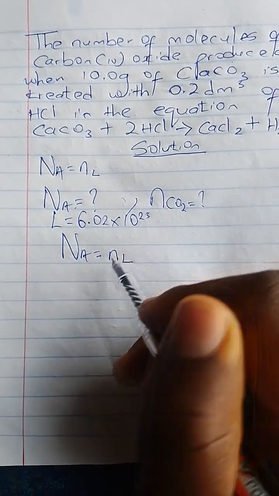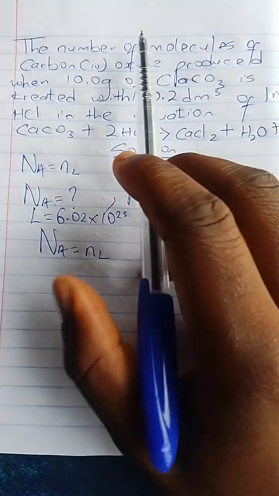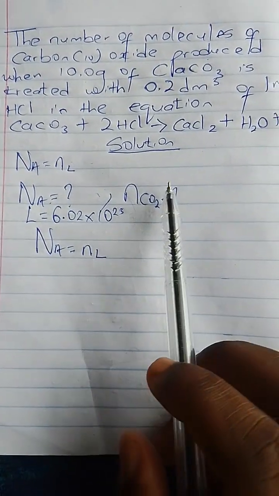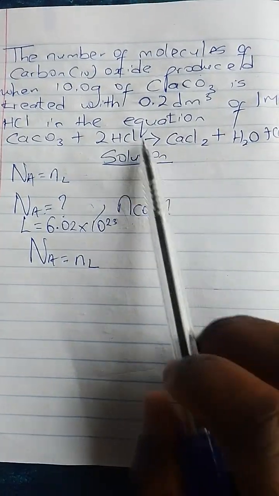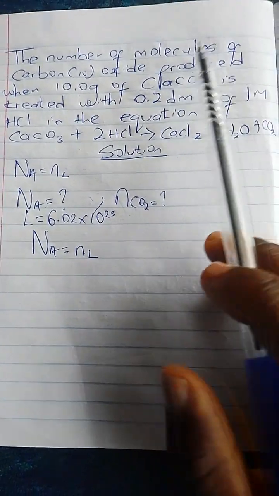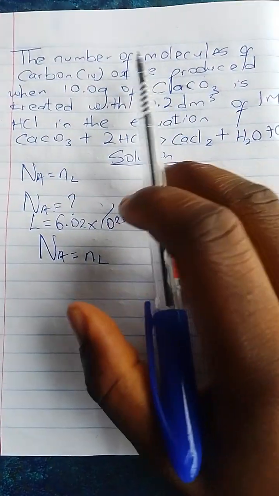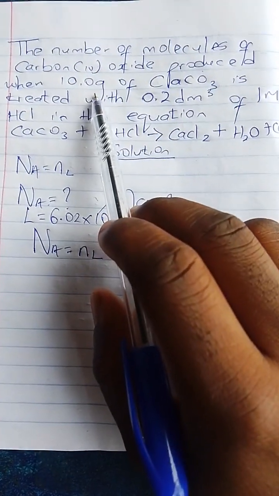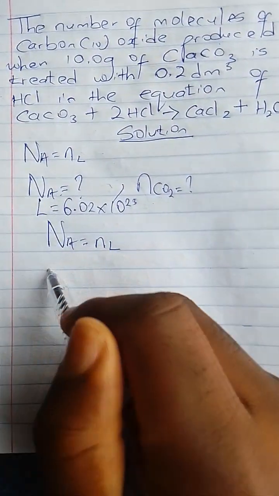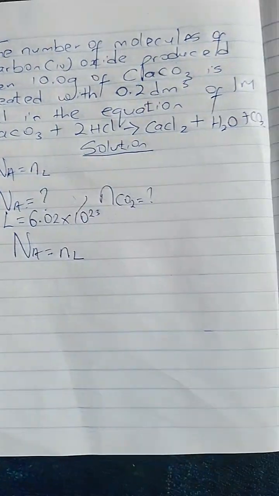Okay, now in order to find the number of moles of carbon(IV) oxide, we have to get back to the parameters in the question. Now what did they say? It says the number of molecules of carbon(IV) oxide produced when 10 grams of limestone. Okay, we can rightly say the mass of limestone is 10 grams.